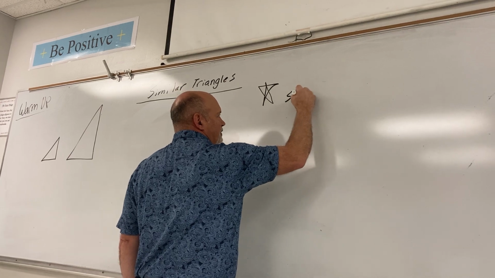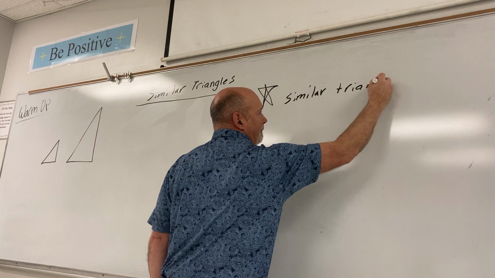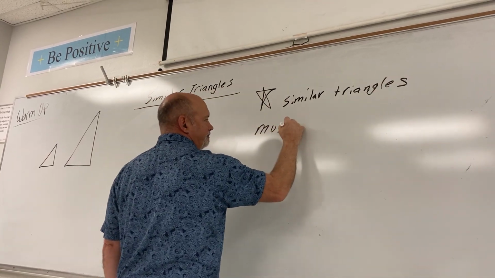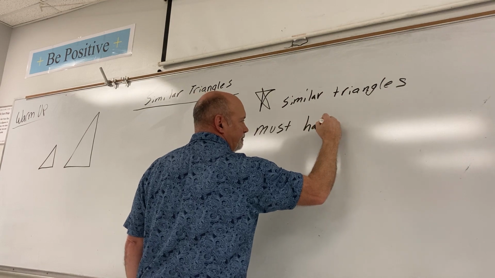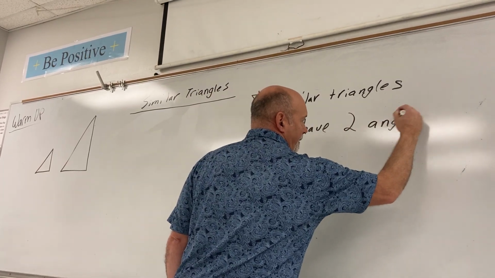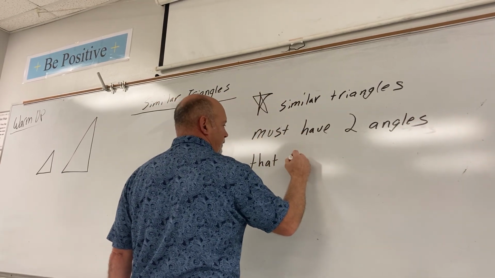Similar triangles must have two angles that are congruent.